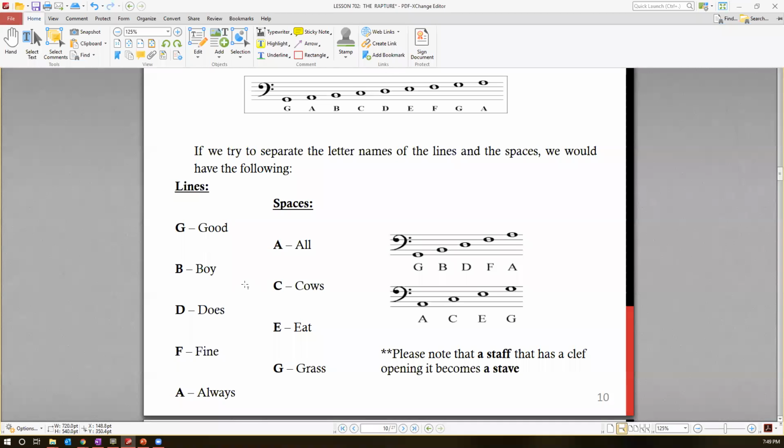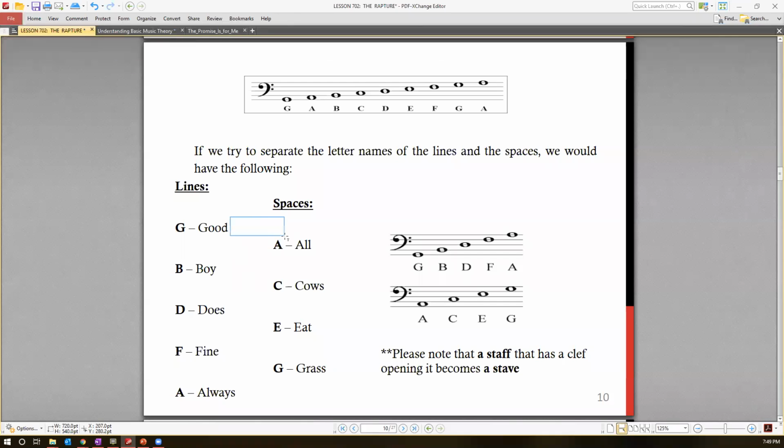Alternatively, you can come up with the best way for you to remember this. I got mine from my teacher, and I also adopted that.